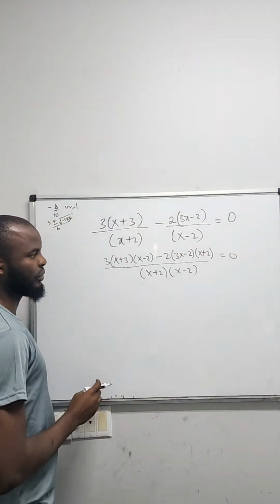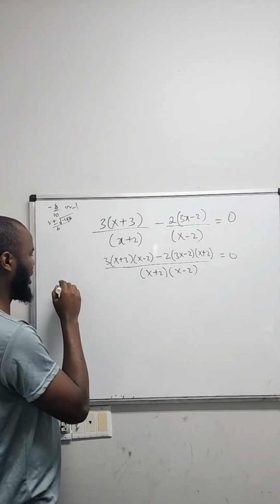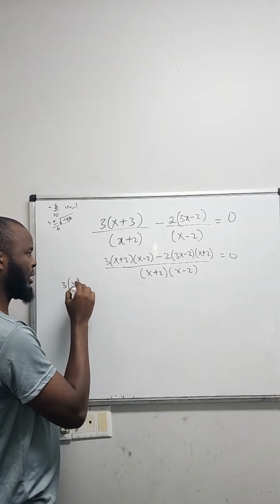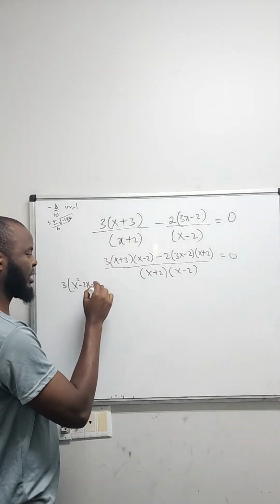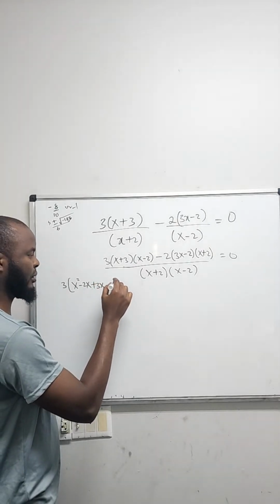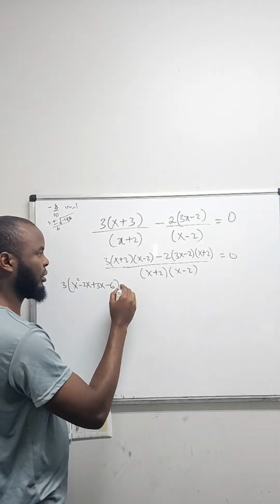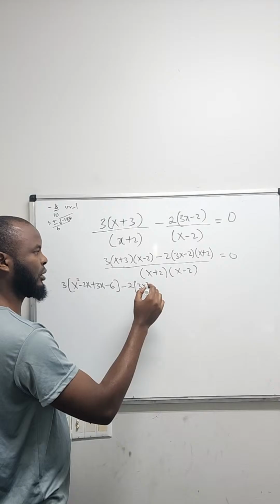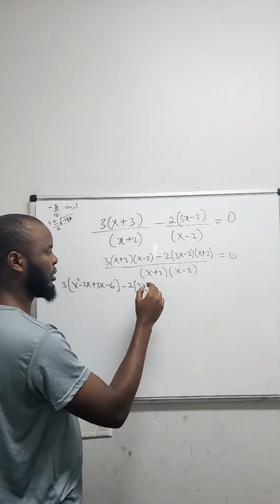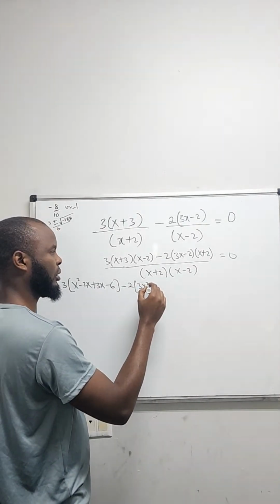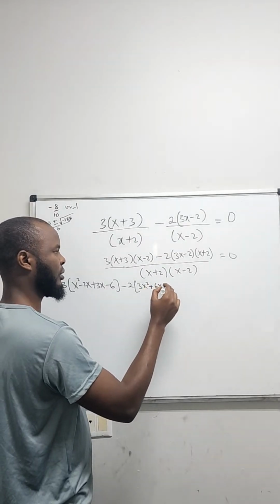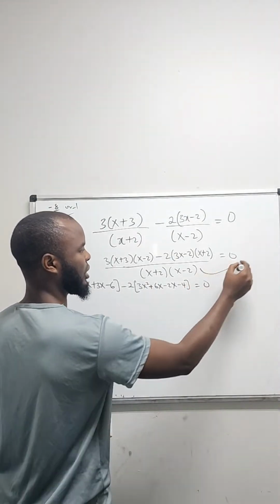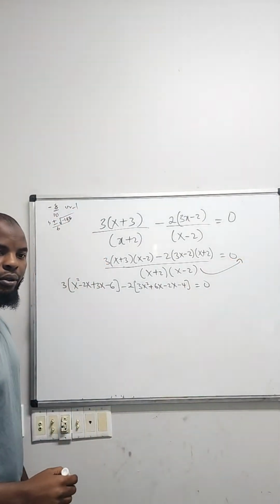So here we have 3, x times x, we have x squared minus 2x plus 3x minus 6. You got that? Minus 2, 3x squared, right? 3x squared plus 6x minus 2x minus 4. Everything equals 0, because the cross multiplication is going to be 0 automatically.